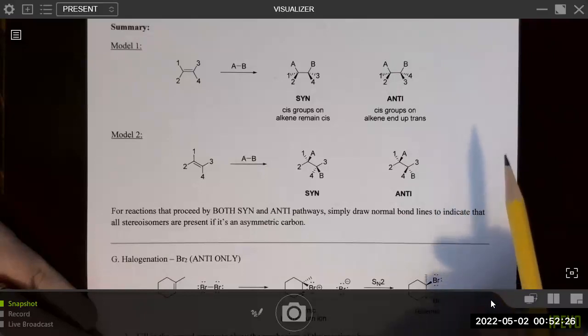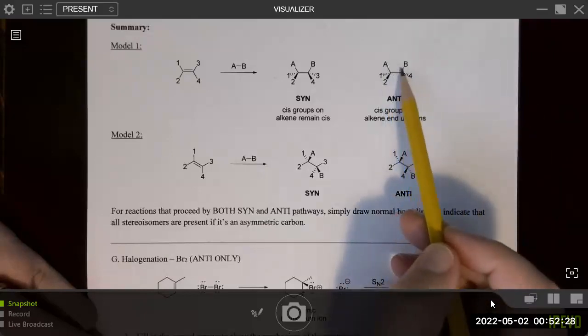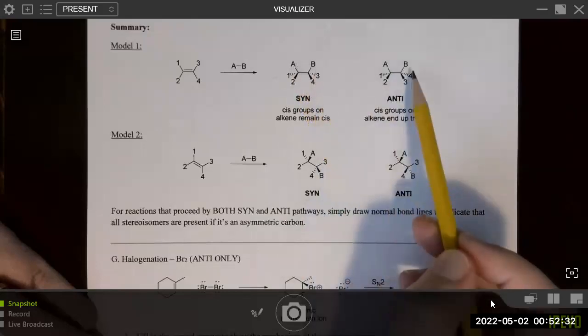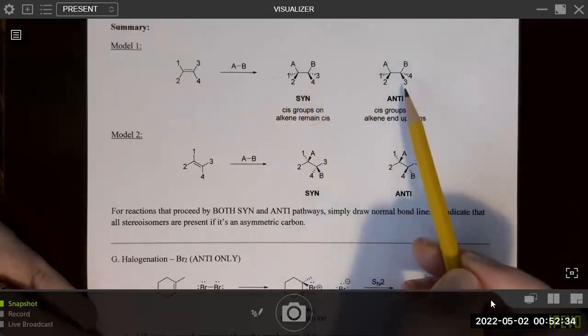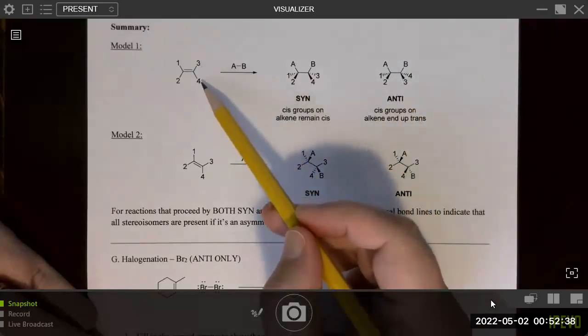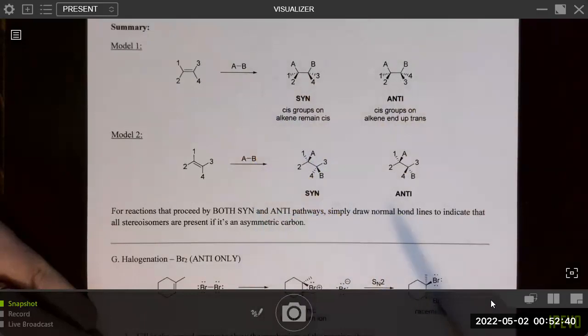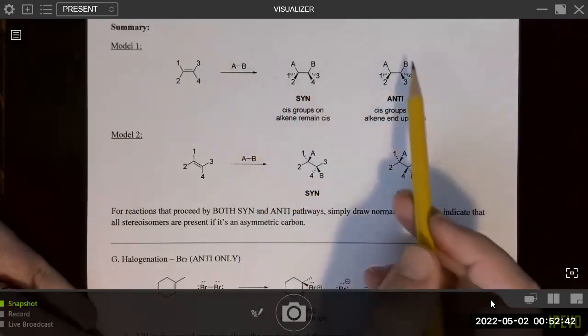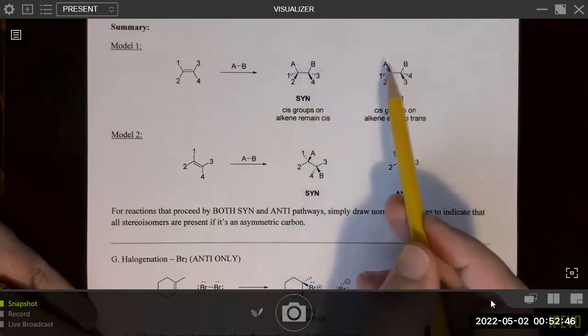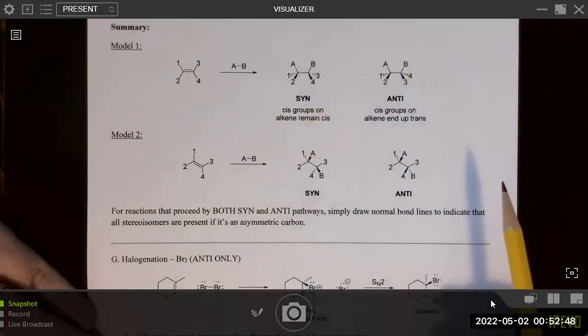So what we'll see is that when we draw A and B the same way we would draw them with syn addition, we need to switch groups 3 and 4. Notice that 3 has moved to the front and 4 has moved back with anti-addition. And that's just because of the way that we're viewing this, with A and B being in the same relative position as the syn addition.